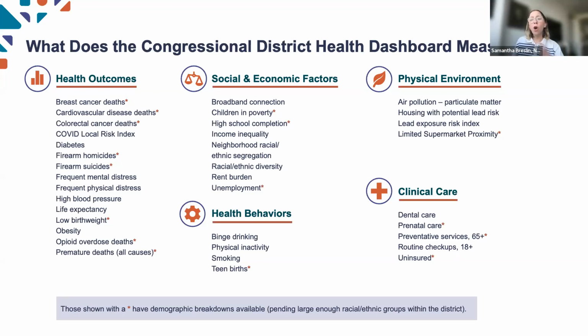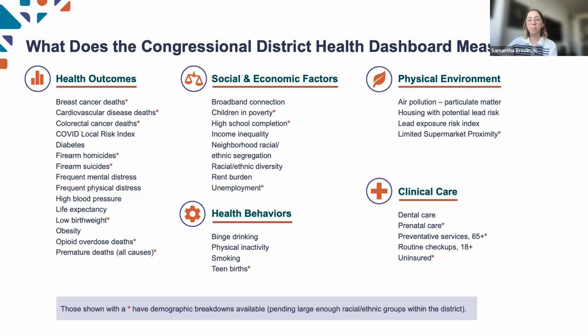And all of our data are drawn from federal data sets that really adhere to the most rigorous standards of data collection. So these are data sets that come from the US Census, the CDC, the EPA, and our team at NYU analyzes these data to the congressional district level.